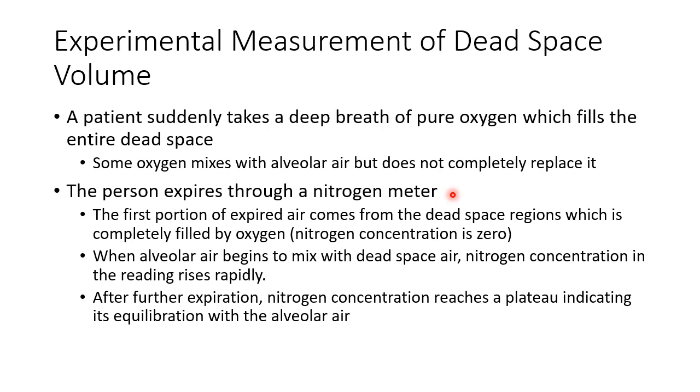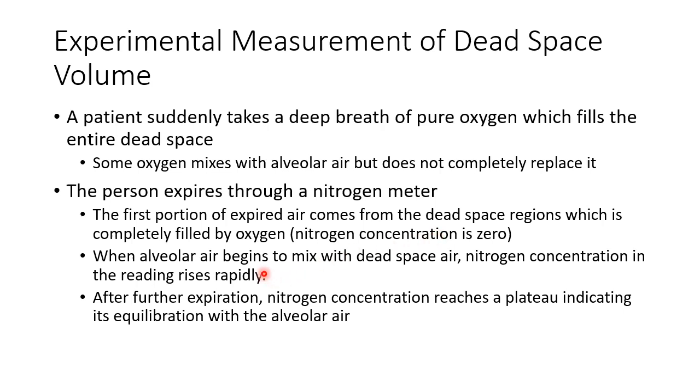And the person expires all of the air into the nitrogen meter. What then happens? The first portion of the expired air comes from the dead space, as we have discussed a while ago, which is completely filled by oxygen. So, the volume of air occupying the dead space has a nitrogen concentration of 0.